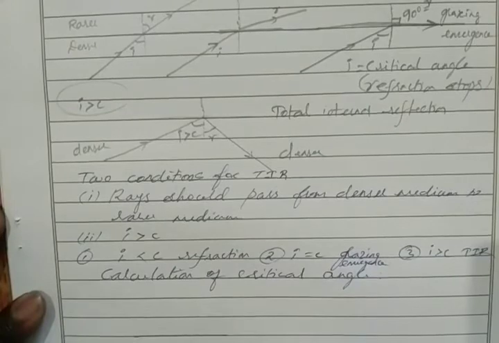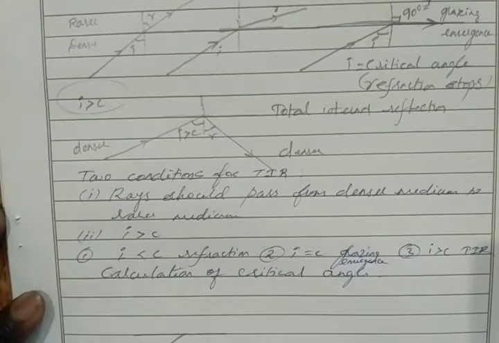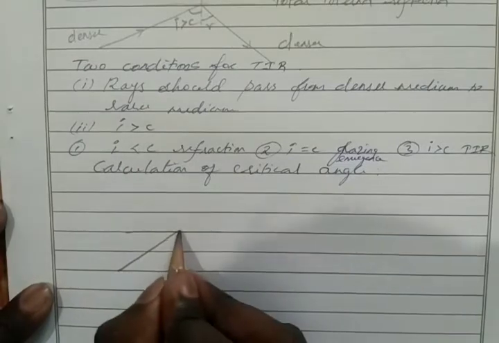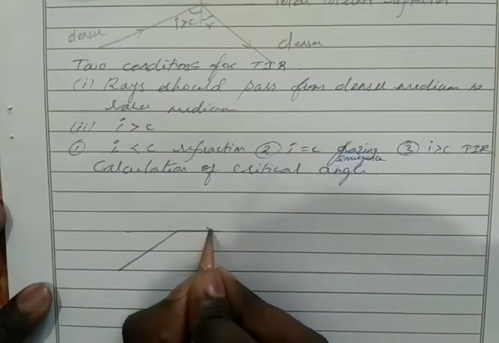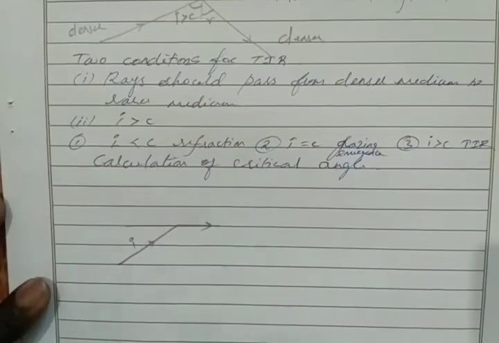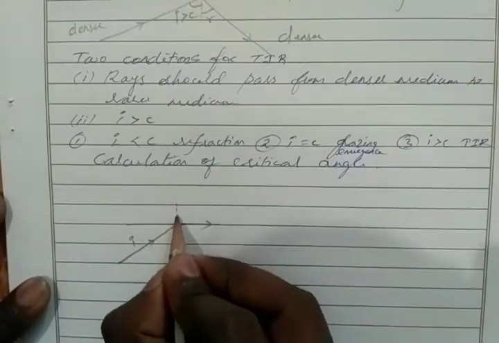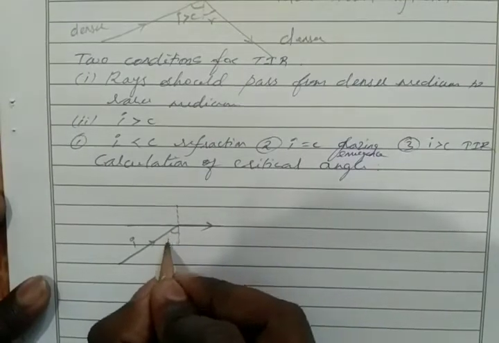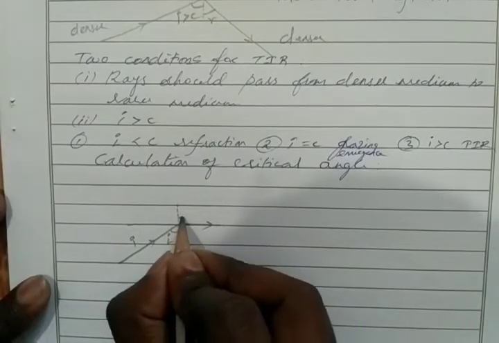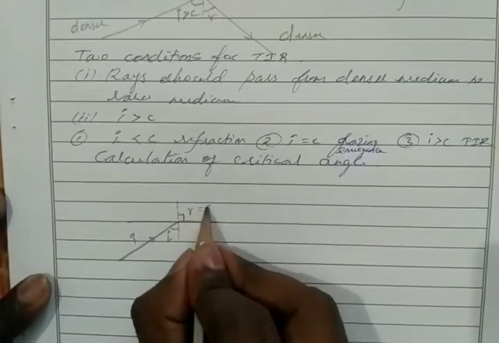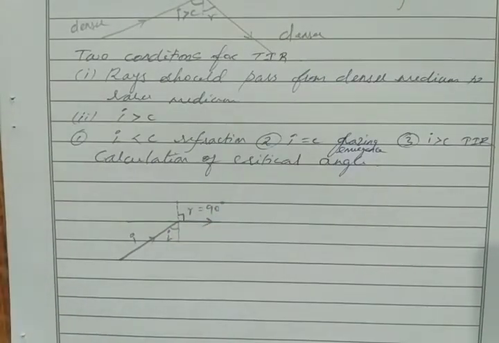We incident the light in such a way that i equals C. So if i equals C, then it moves along the interface. Draw a normal. This is our incident angle. This is our refracted angle, which is equal to 90 degrees.